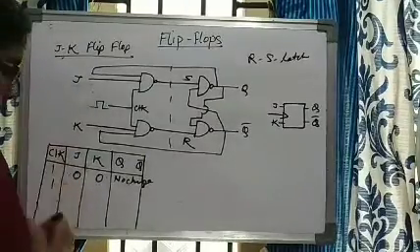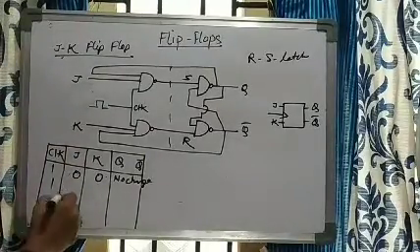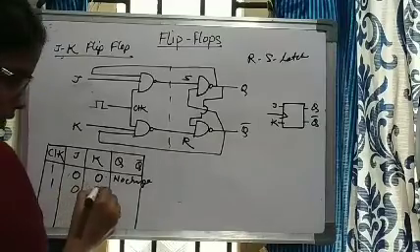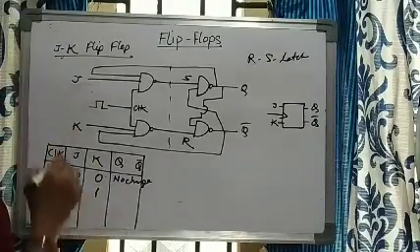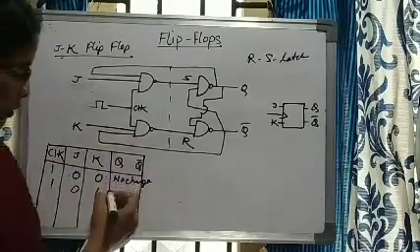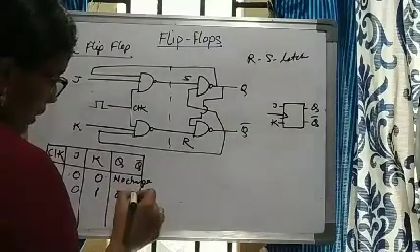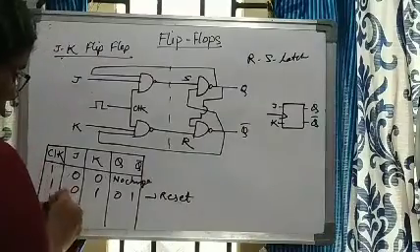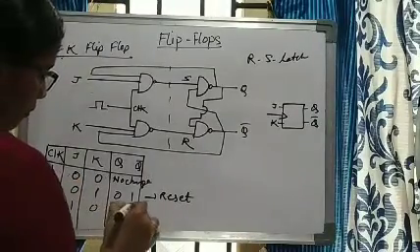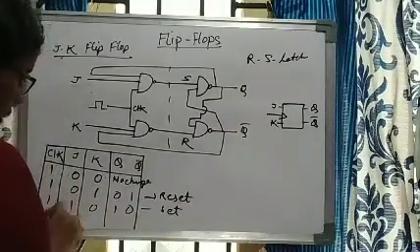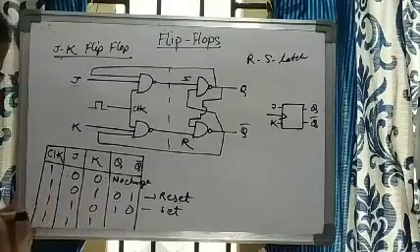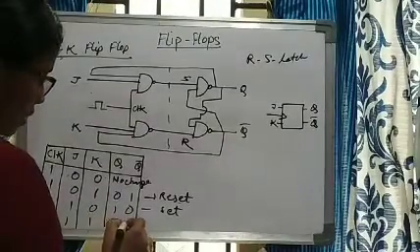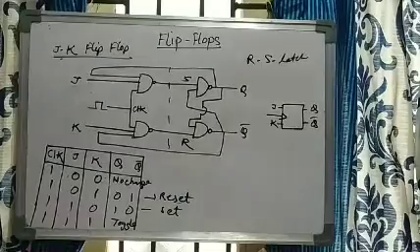Again, clock pulse 1 and your condition is 0, 1. J is 0, K is 1. Then we get Q is 0 and Q bar is 1. This is a reset condition. This is a set condition, and when both the inputs are the same, we get a toggle condition.